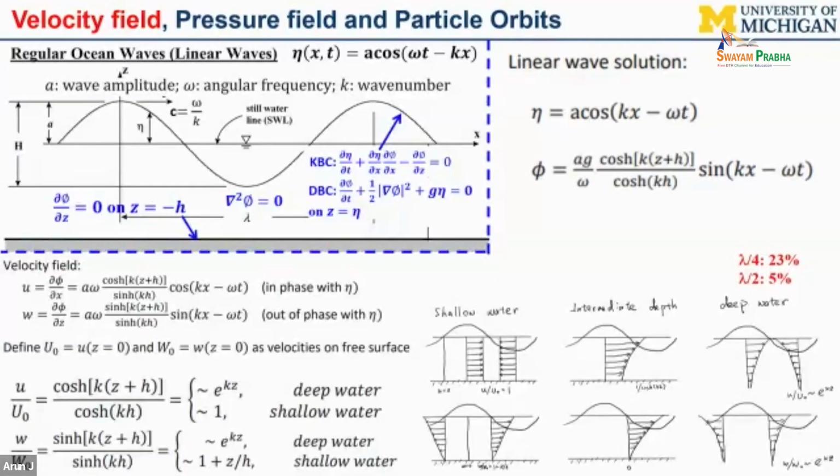I want to give you a number to put in your mind. A water wave is a surface wave, on the surface. With depth in deep water, the motion is very, very small, as I mentioned already. At half a wavelength depth, it is already reduced to 5%.